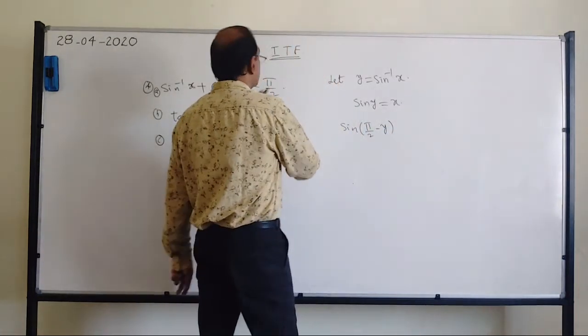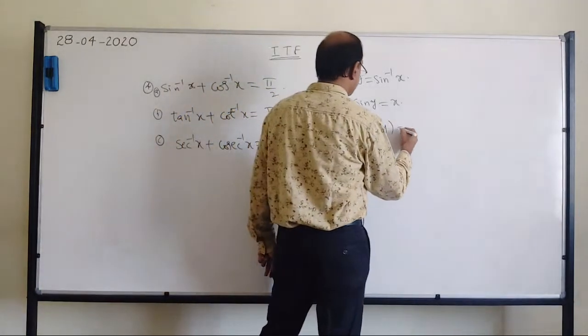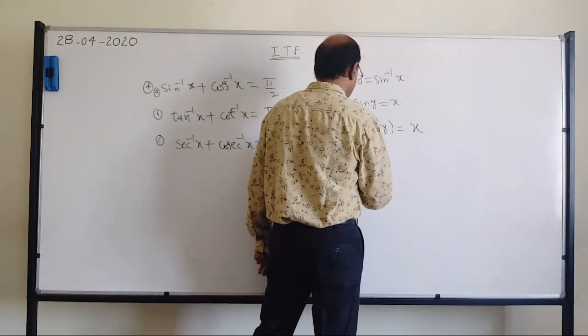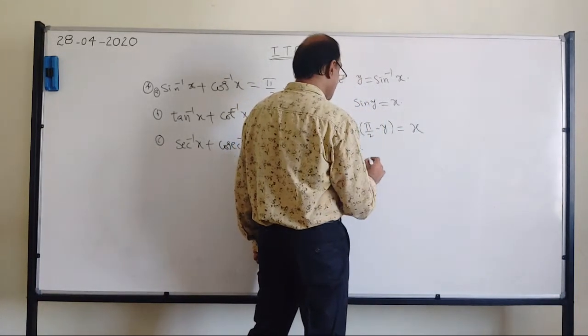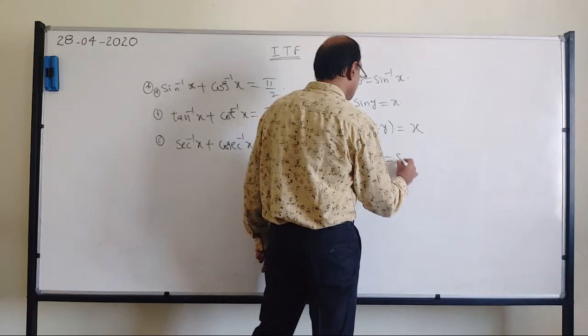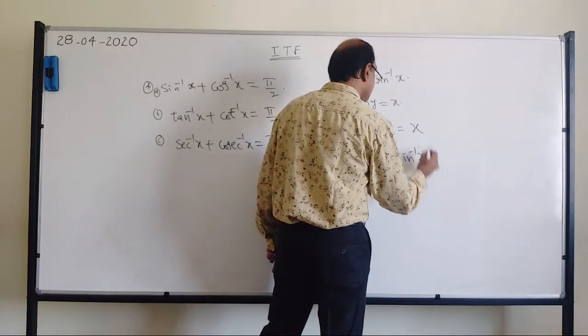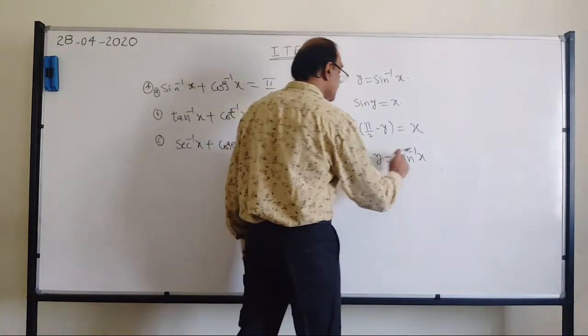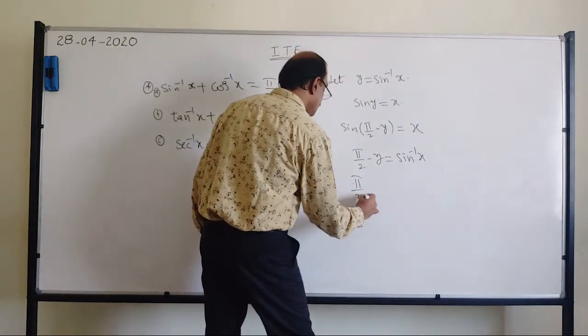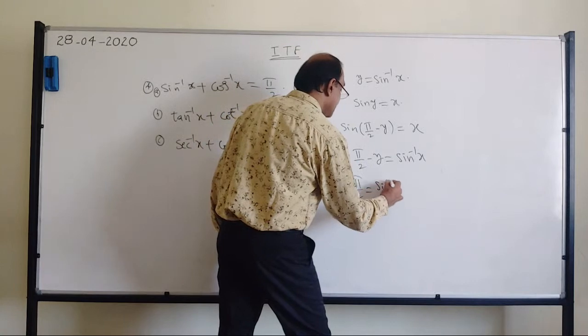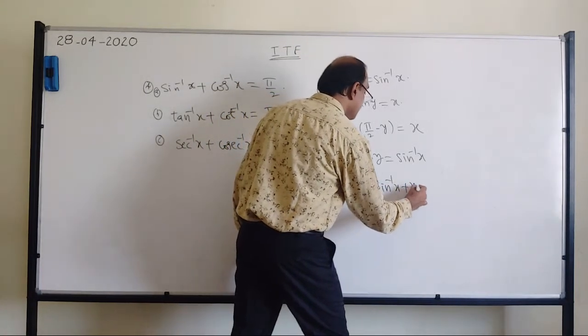Why are you writing it? Because you wanted 90 here. Now sin, if you send it here, pi by 2 minus y is equal to sin inverse x.